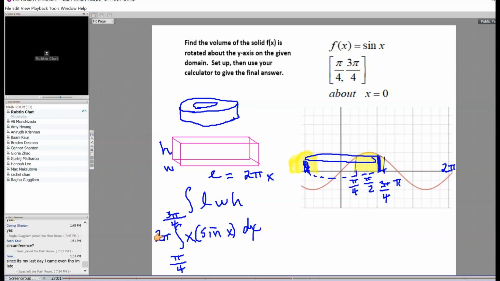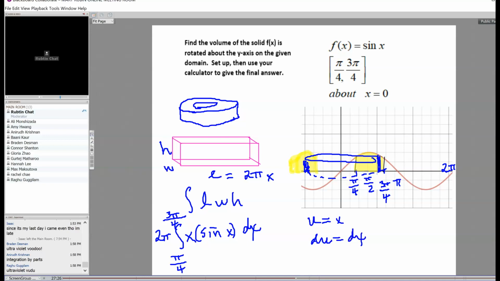Do you see, if you did not have a calculator, how would you integrate this? Excellent. So your u, and I'll just set it up because it's just so much fun. u equals x, du is dx, and then dv is sine x.